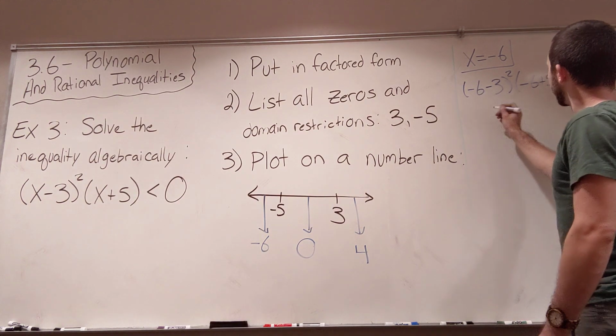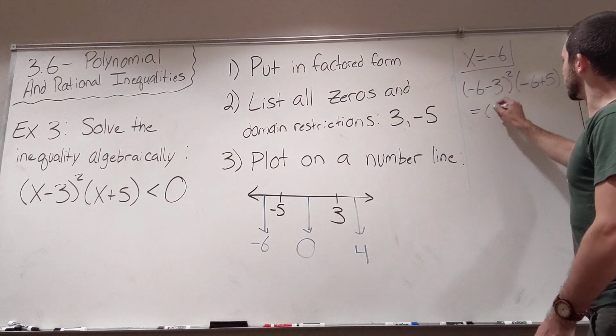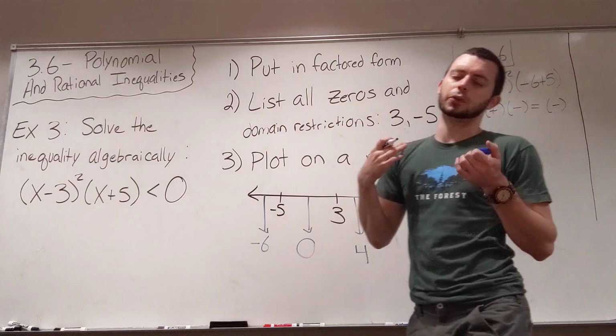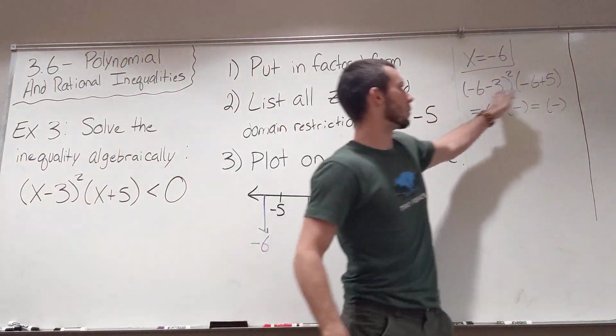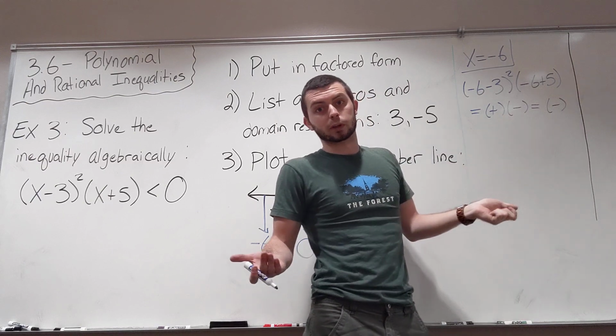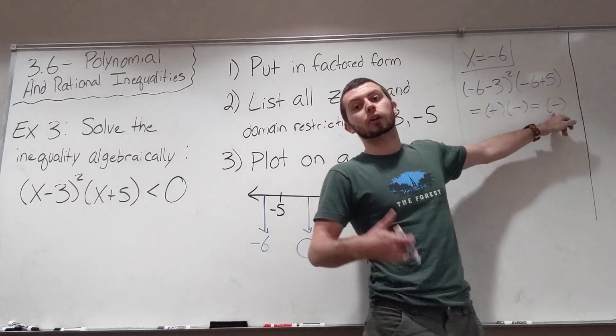What that comes out to be, I happen to see that it's going to be a positive number from here times a negative number, and a positive times a negative is a negative. Feel free to just plug in all the numbers and get your output whichever way you want to, but all we care about is the sign.